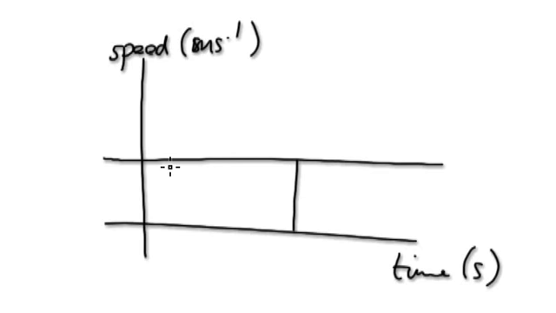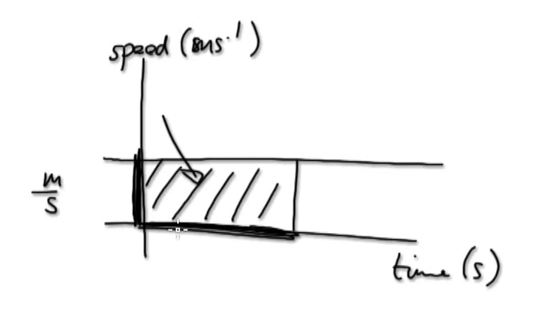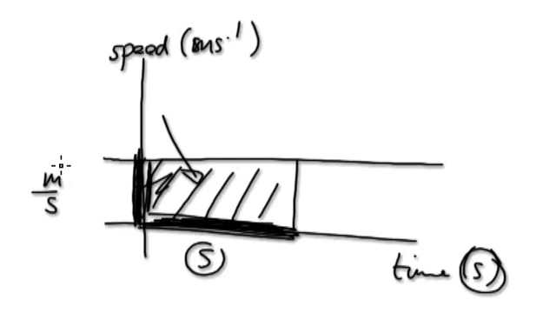If you work out the area of this, you are getting the up and down here, whose unit is meters per second, and the across here, whose unit is seconds. So when you work out an area, you get this times this.